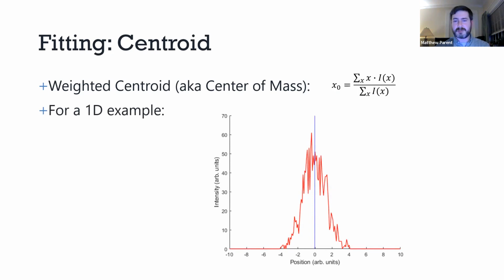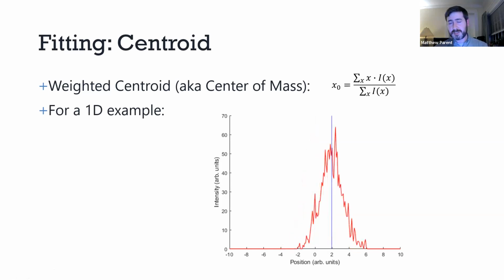And I'll just give you a 1D example of a centroid. So if I have a PSF here and it's been corrupted by Poisson noise, and if I look at the centroid, this actual molecule is centered around 0, and my centroid gets me pretty close to 0. And if I shift it over to 2, the centroid does a pretty good job there as well.